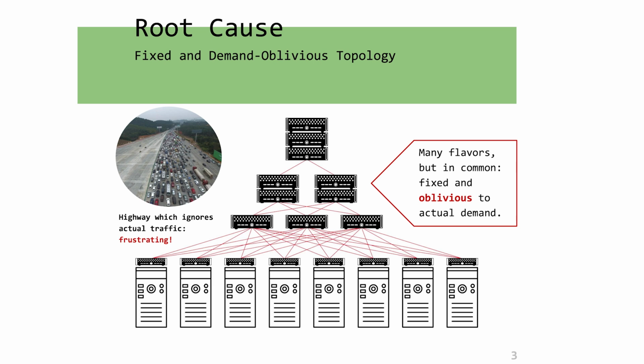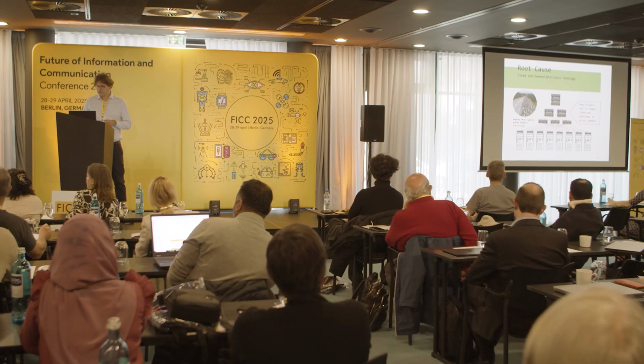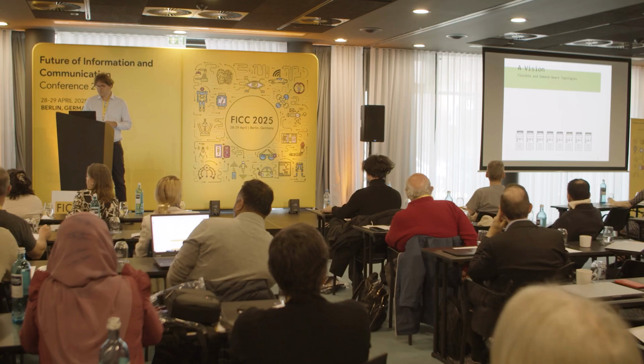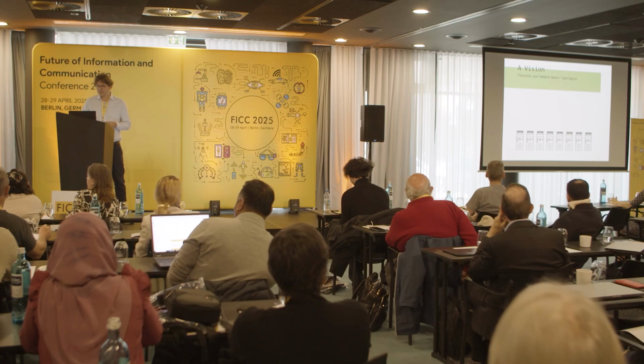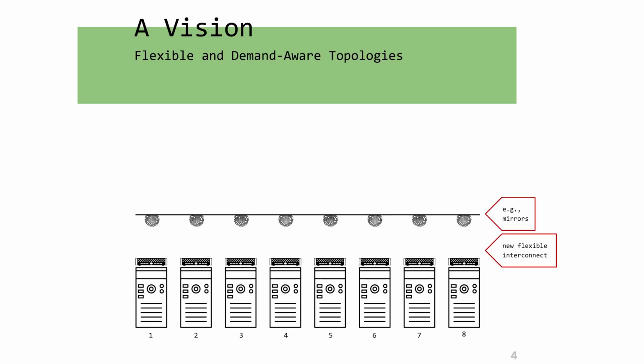So it would be nice to be more flexible here and to be more demand aware or traffic aware. And that's actually a vision that is slowly coming also in the context of data centers. Now imagine again you have these 8 racks here, and you could interconnect them in a flexible way. Imagine you had mirrors at the ceiling of the data center, and something like a laser on the rack.